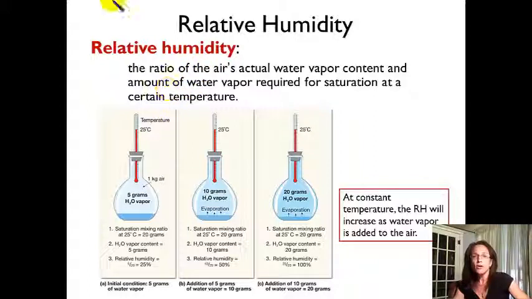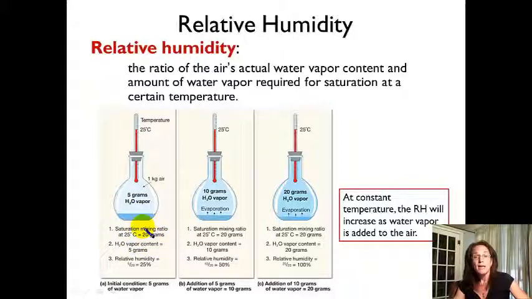Okay, so let's look at these diagrams. We have 3 flasks, and notice these are all at the same temperature, 25 degrees Celsius, and we have 1 kilogram of air in each of them. In this first one, we have 5 grams of water vapor. Our saturation mixing ratio at 25 degrees Celsius is 20 grams.